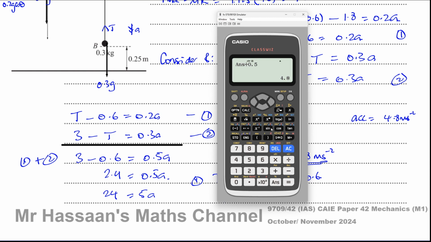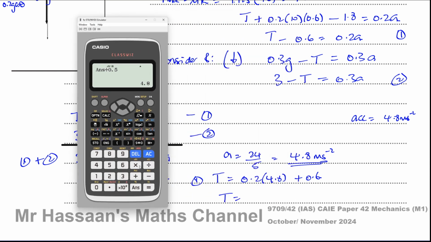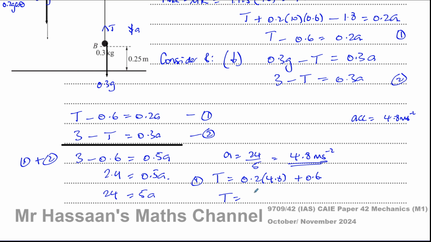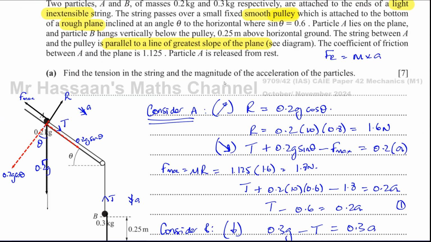So we take 4.8, multiply it by 0.2, and then add 0.6. That gives us 1.56 newtons, exactly. So there we have the tension, and there we have the acceleration. So we have answered part A of this question.